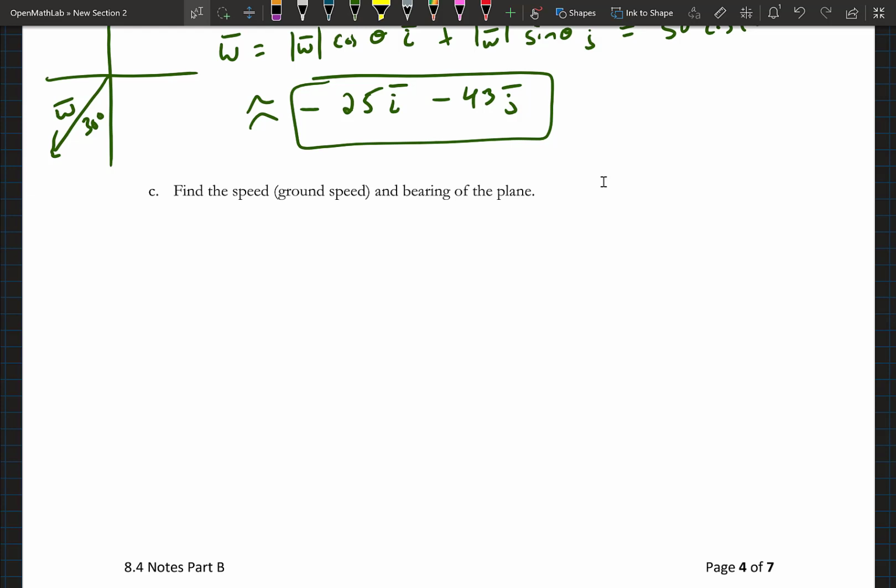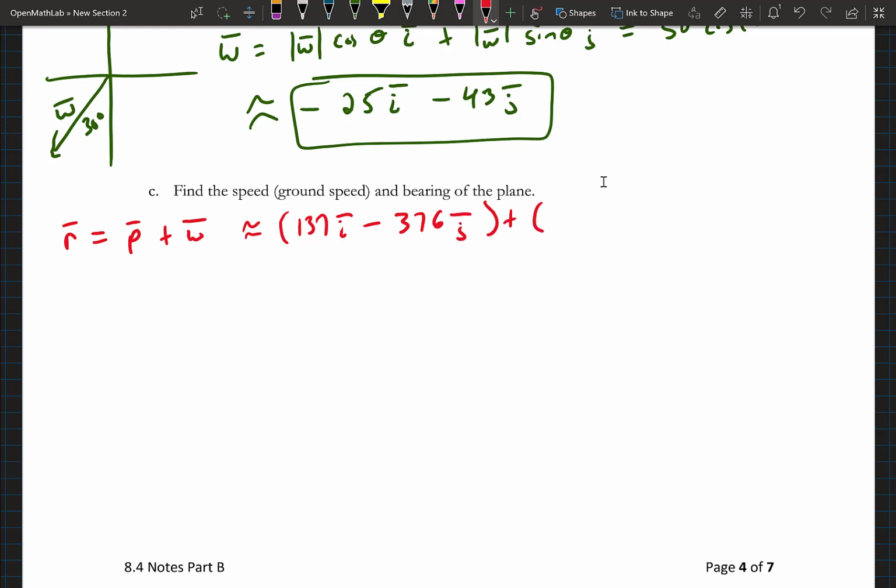Right. So then part C, we want to find the speed and the bearing of the plane. Right. So basically for this one, all we need to do is note that the resultant vector is going to be the velocity of the plane plus the velocity of the wind. Right, so this is going to be approximately, because we rounded these values. So vector p was 137i minus 376j.